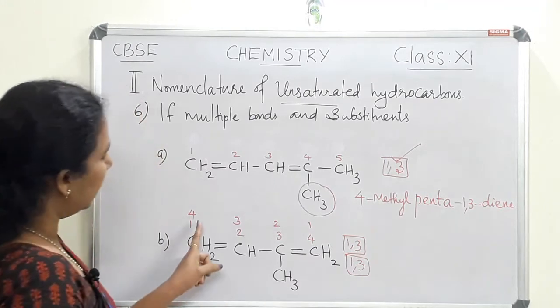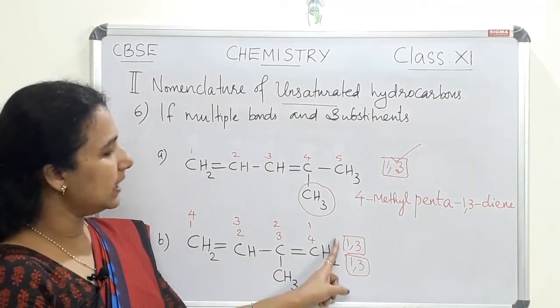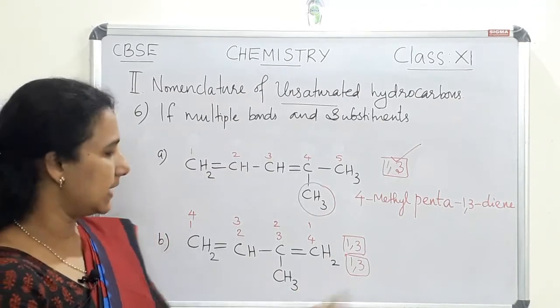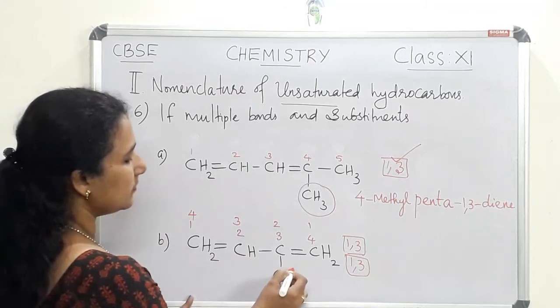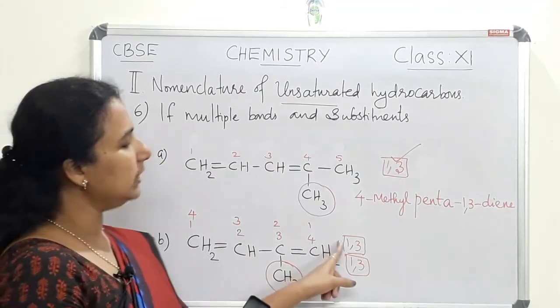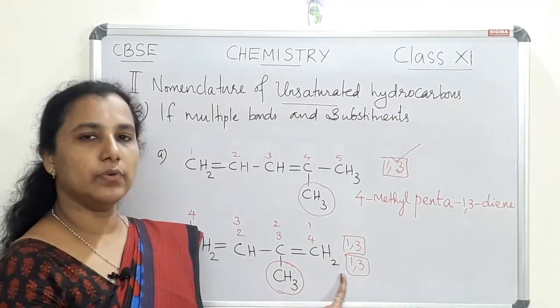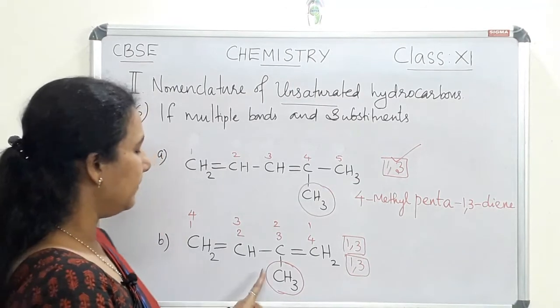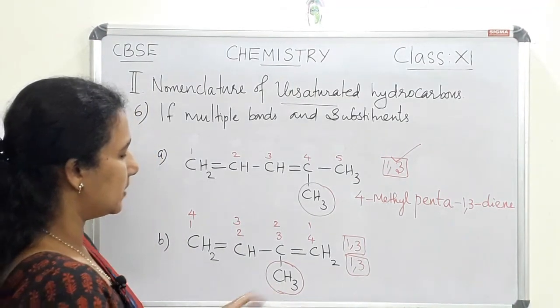So if it is from left to right and from right to left, the sets of locants are the same. So in this case we have to consider the position of the substituent. If both sets of locants for the multiple bonds are the same, we need to consider the position of the substituent.